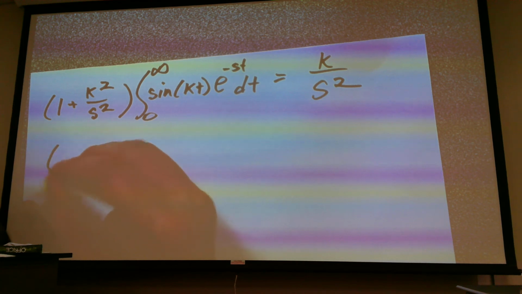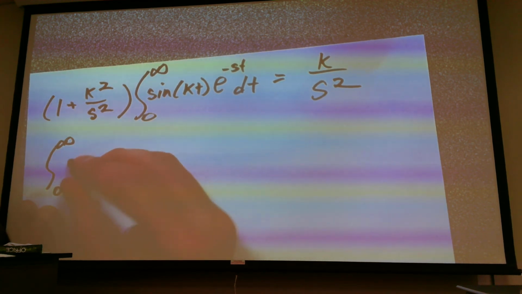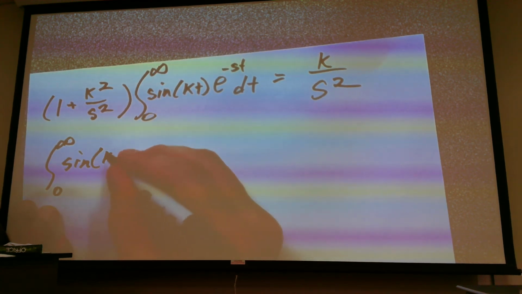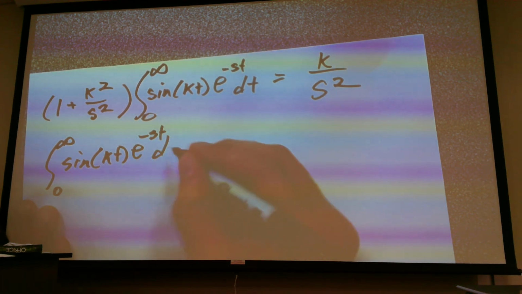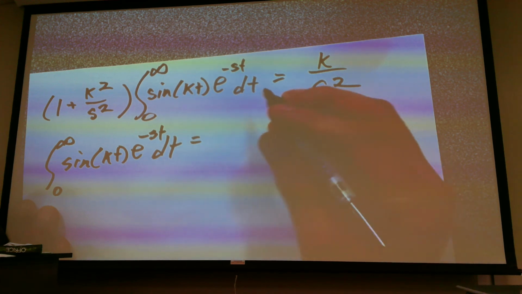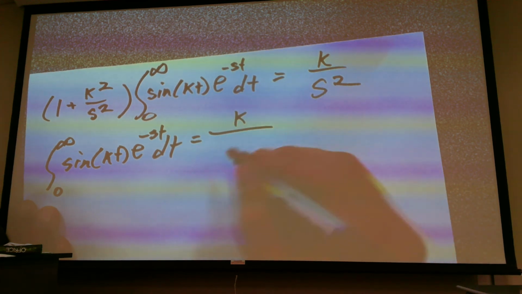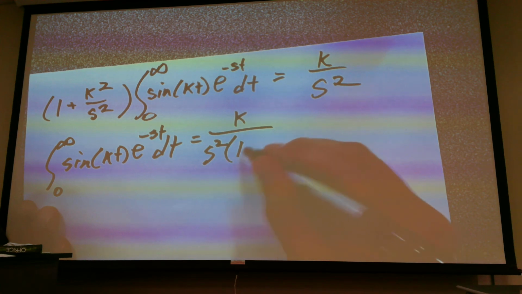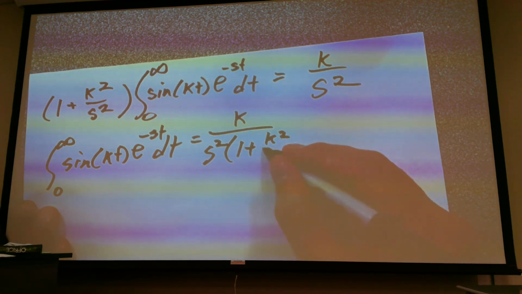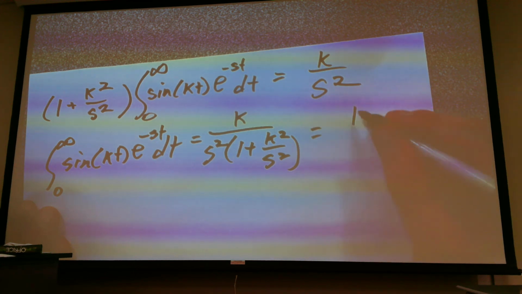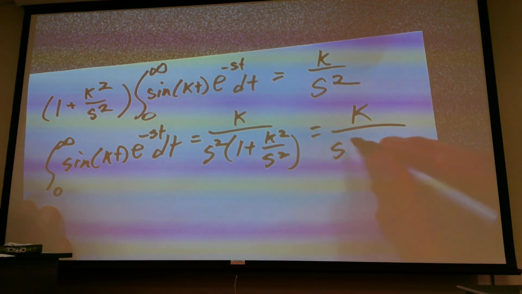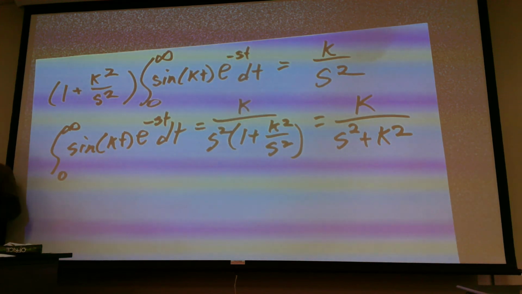That's going to give me the integral from 0 to infinity of sine of kt e to the minus st with respect to t is going to equal k divided by s squared times 1 plus k squared divided by s squared. Okay, and I can distribute that in there. And so this becomes k divided by s squared plus k squared. And so that is the Laplace transform of sine of kt.